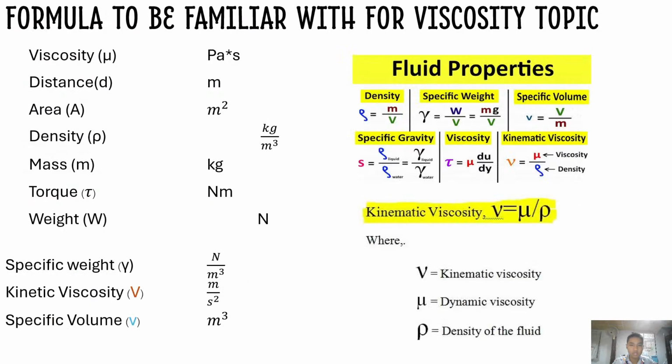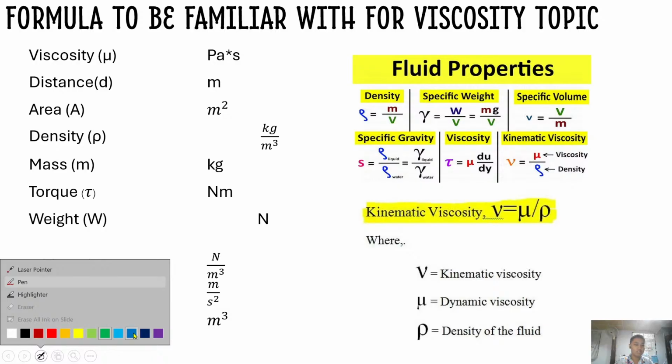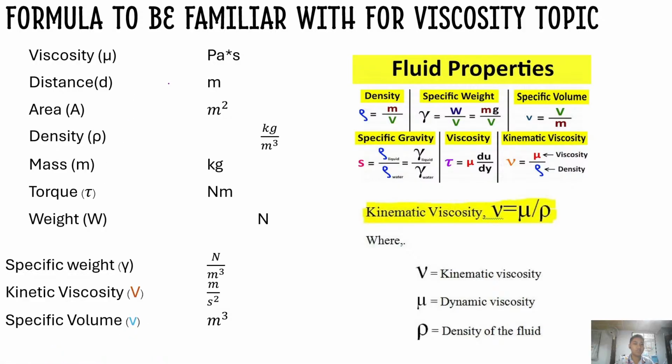Okay, so here are the formulas that you have to get used to. We're going to be talking about them for a while. Viscosity uses this symbol, or maybe you can see it as a long N, which you will use later on. Distance, D, in meters. This is per second. This is area, density, mass, torque, weight, and there are some formulas to find the density, specific weight, and so on.